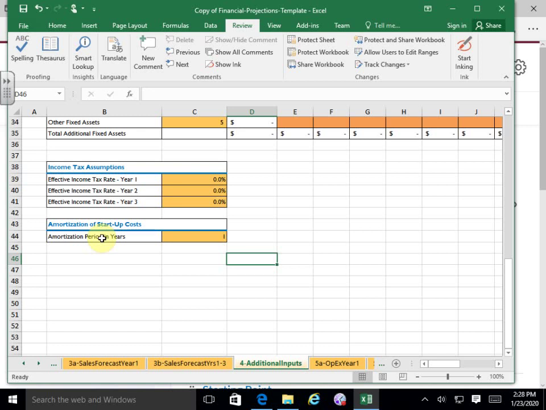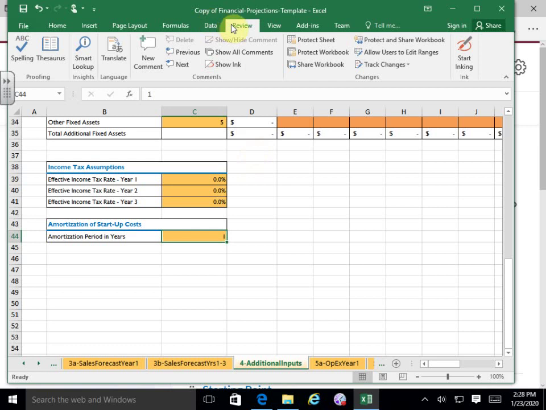Most businesses would not do that. They just amortize their startup costs in the first year, and most of those startup costs are year 1 costs anyhow. You know, your advertising, pre-opening salaries, those types of things. And so I ask that you change this to 1 year so that those costs get amortized away in that first year.